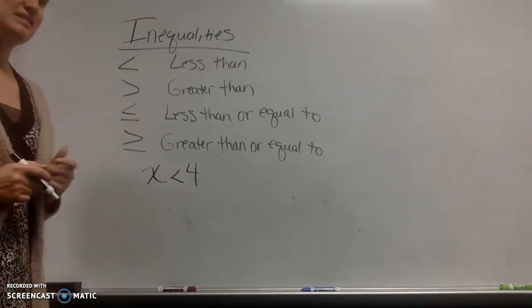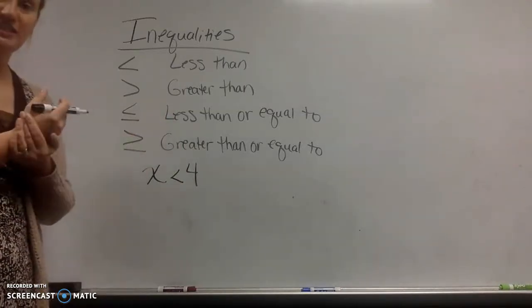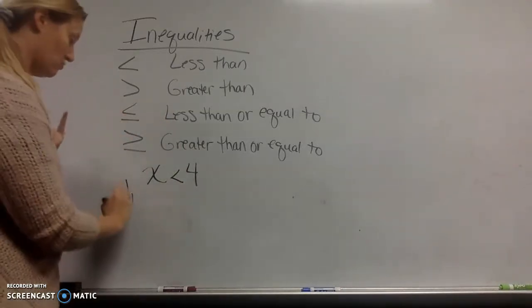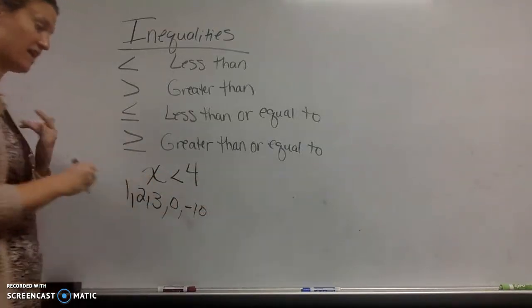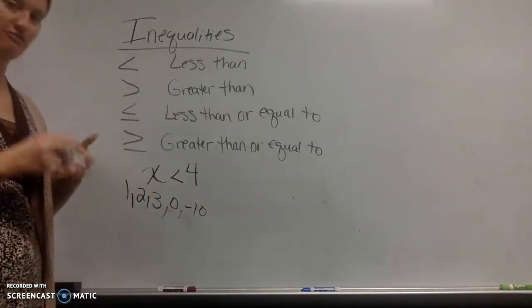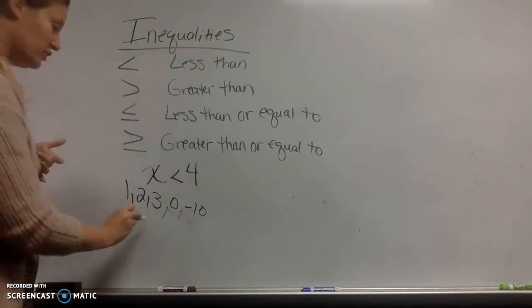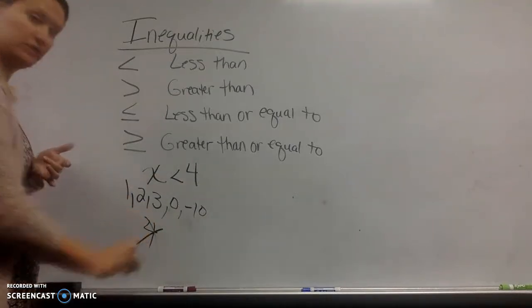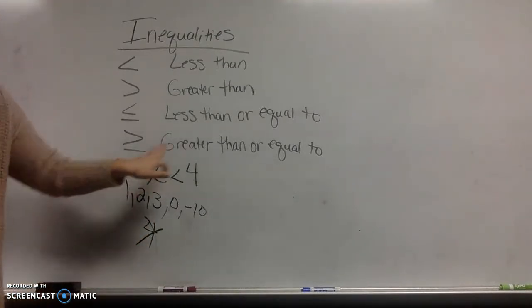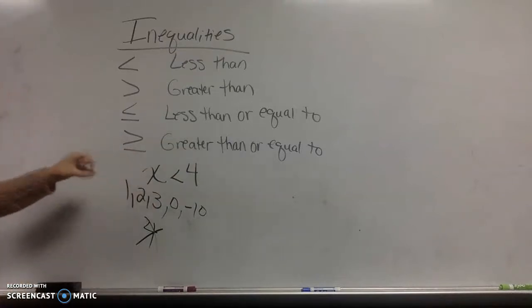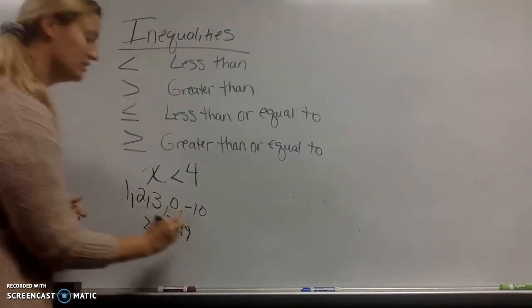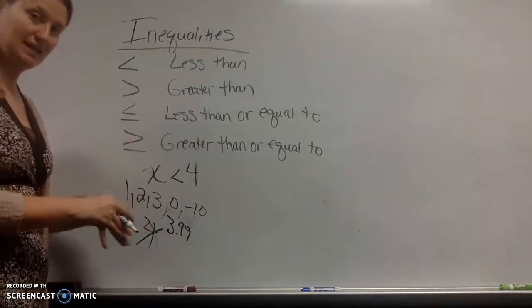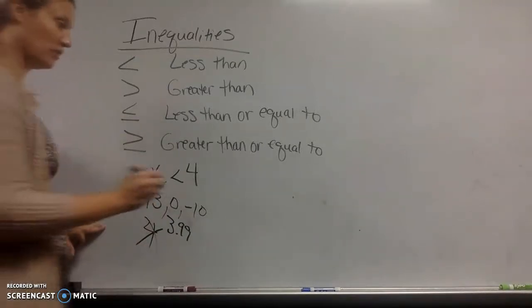So if I ask you to list 5 numbers that are less than 4, you could say 1, 2, 3, 0, -10. Those are 5 numbers. All those numbers are less than 4. However, you can't say 4 itself. 4 is not less than 4, it is equal. If I want less than, it's got to be a number smaller than 4. I could say 3.99 and still be okay, -1 million, but it has to be less than 4.